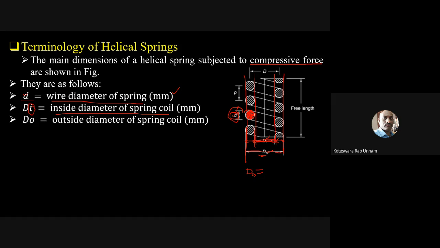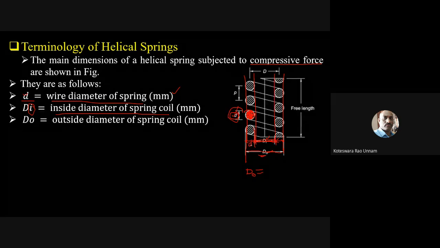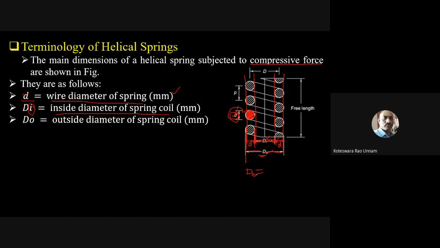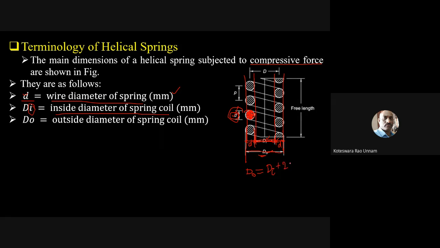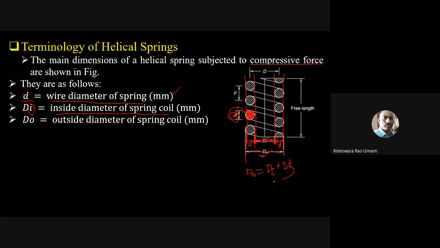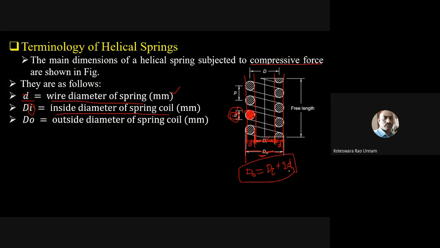Then this is coil diameter d, and this is also coil diameter d. Therefore I can write Do as Di plus 2 times the wire diameter, so Di plus 2d will give you Do.